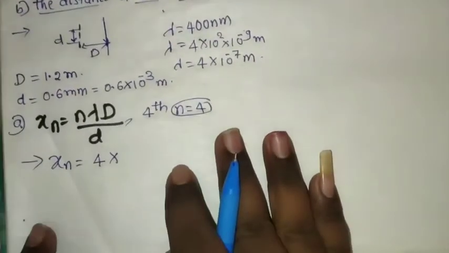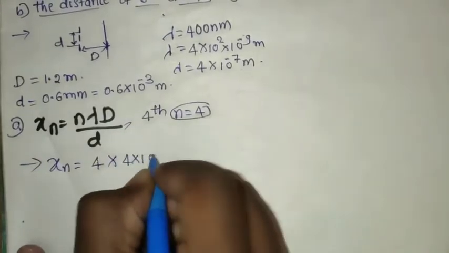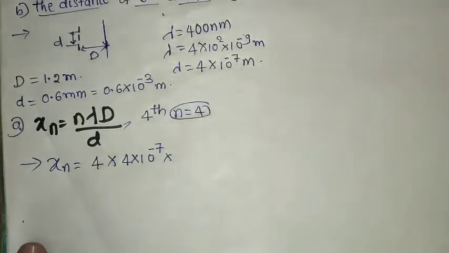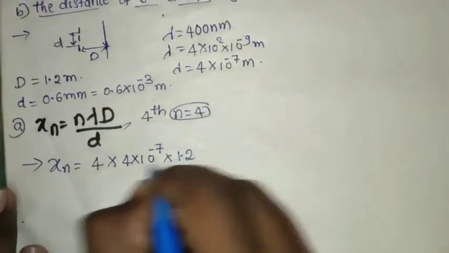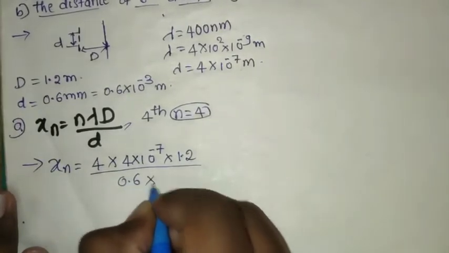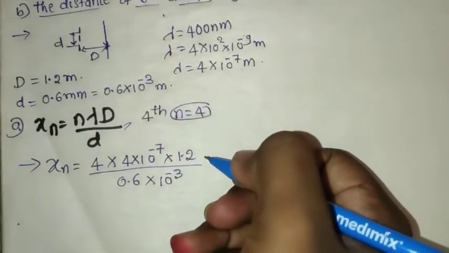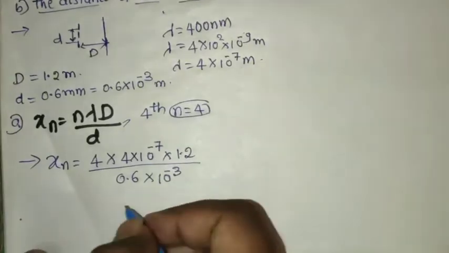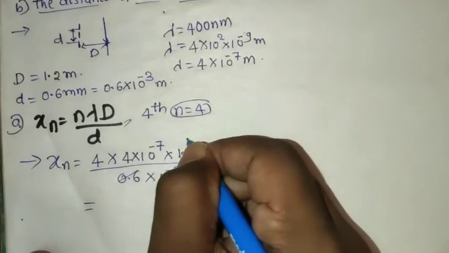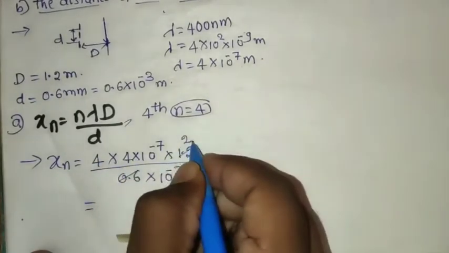Now I will substitute these values: 4 into 4 into 10 to the power minus 7, capital D is 1.2 meter, divided by small d, 0.6 into 10 to the power minus 3. Simplifying, 1.2 divided by 0.6 is 2. 4 fours are 16, 16 twos are 32.